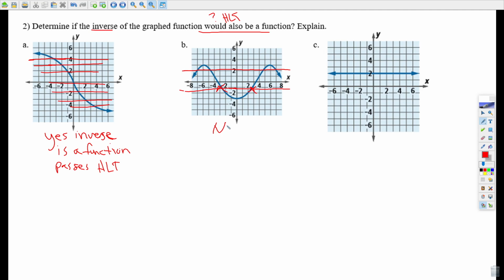So this is not a function. This fails HLT. And the last one, well, it's a horizontal line itself. So this is a function, but the inverse would not be a function because if you went across this line with your HLT, you're hitting every single point. So this is no. This fails HLT.